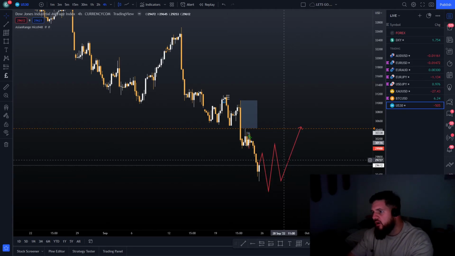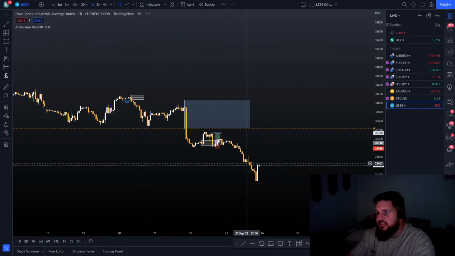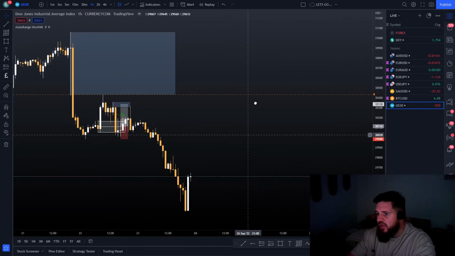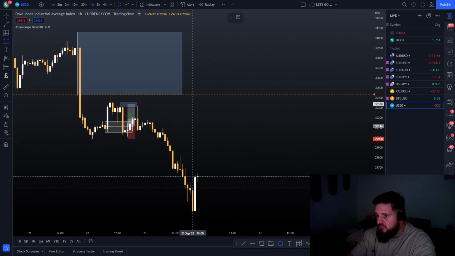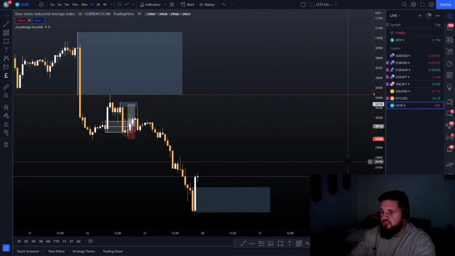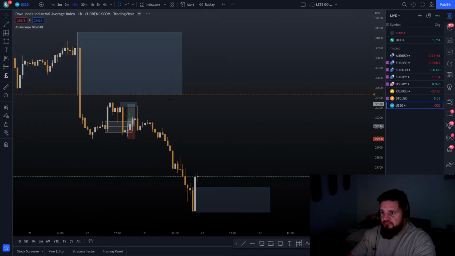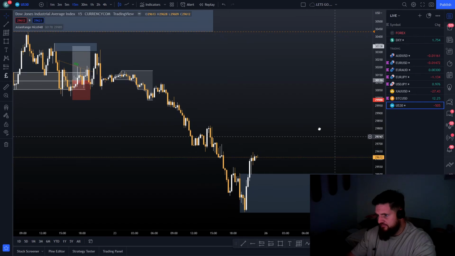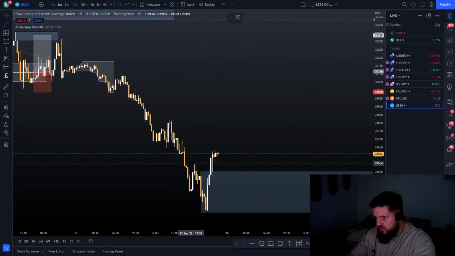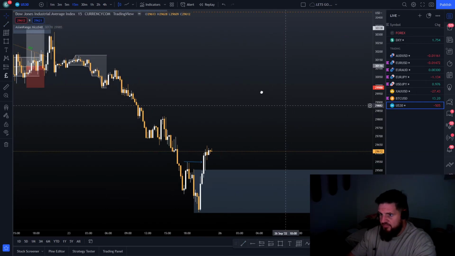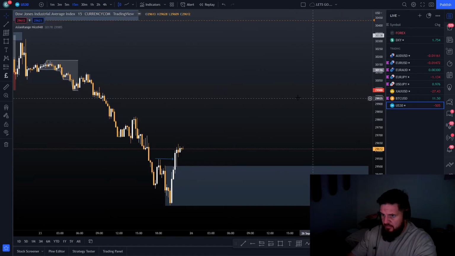So you are right, the likelihood is this is probably going to go long. And we've already had a zone here that it's created. If we look at a lower time frame, we got a break of structure there. You've got to be careful with these zones.